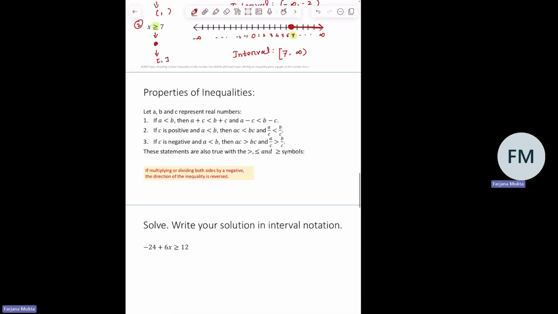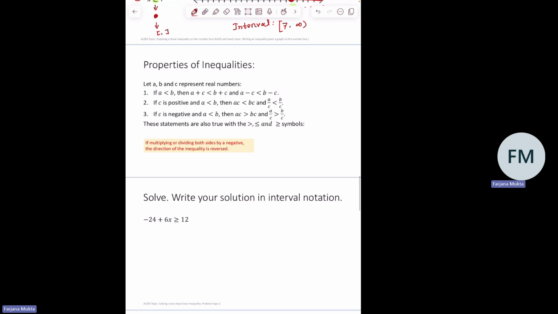Right? Now we have some properties of inequalities. If we have some real numbers a, b, and c, and an inequality a less than b, then if we add a number c on both sides of the inequality, the inequality holds.